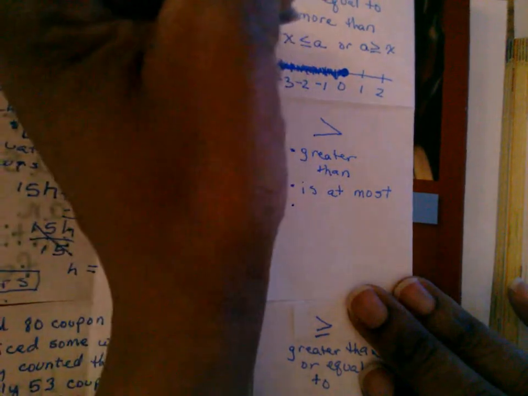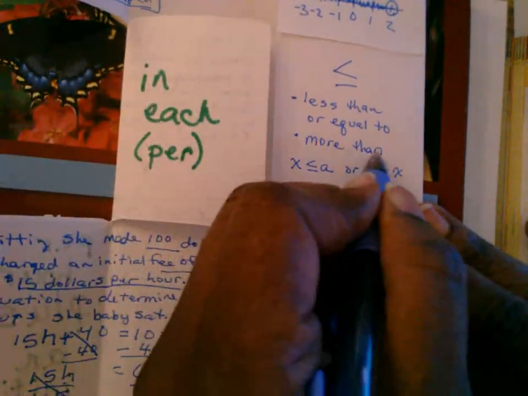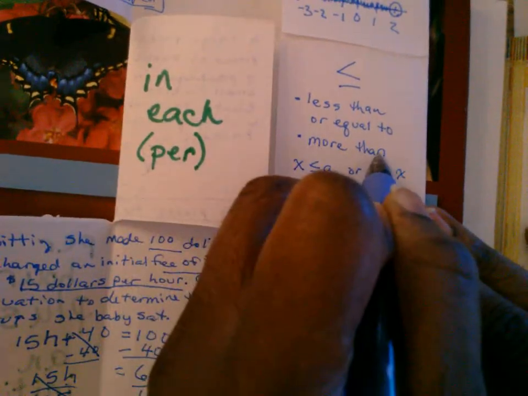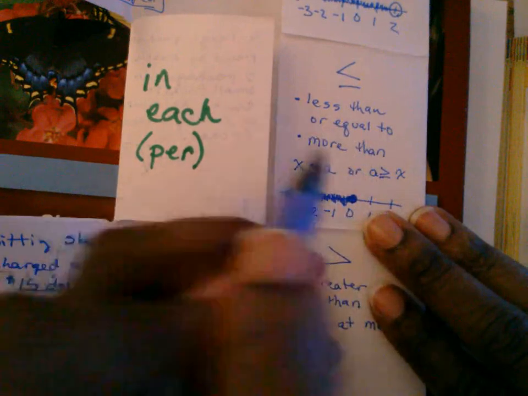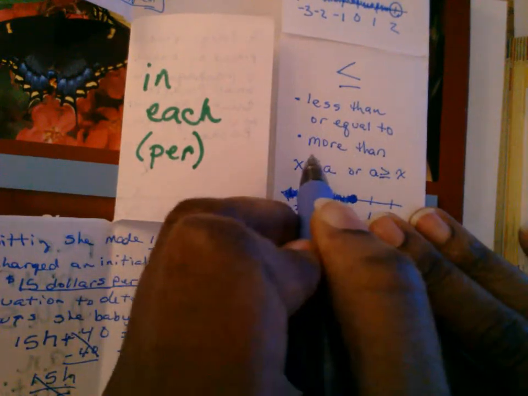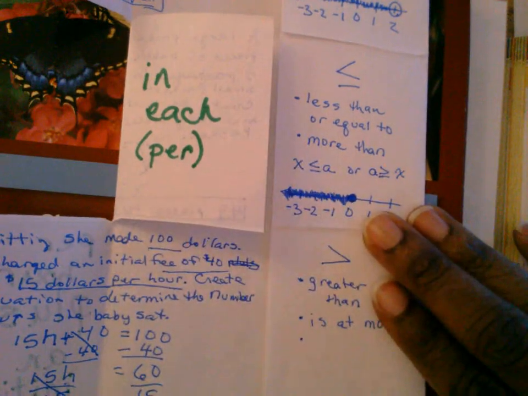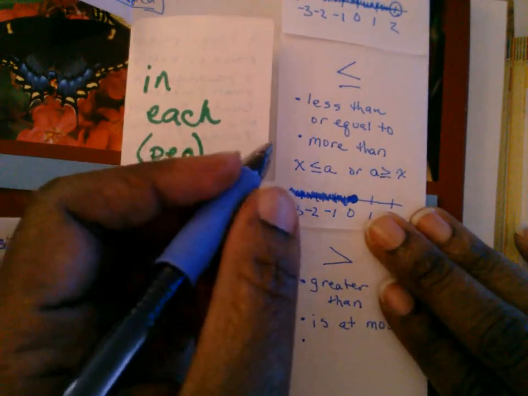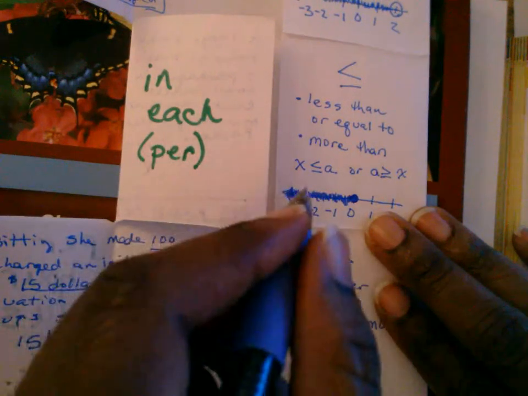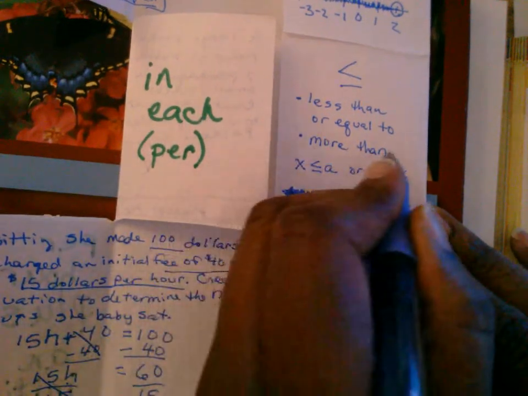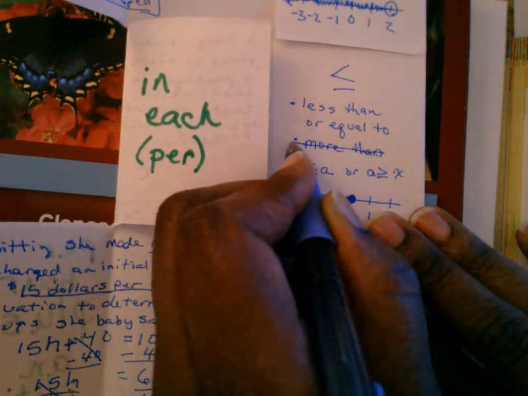Well, I'm going to cross out this one because more than only works when you are comparing two numerical values. It doesn't work if you have an algebraic statement or a phrase that we are working towards specifically. So let me cross this out for right now and we'll come back.